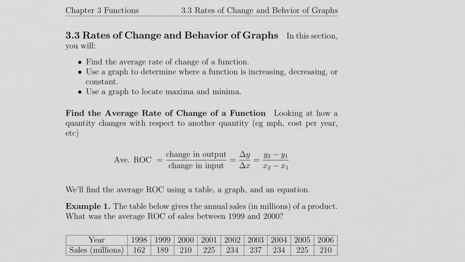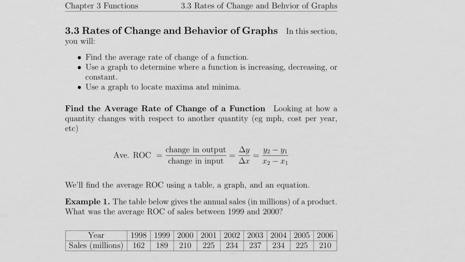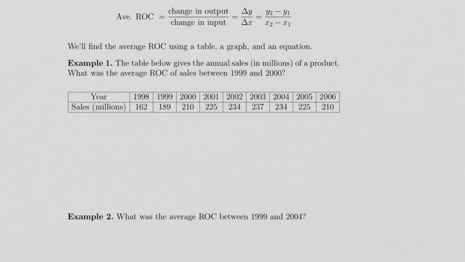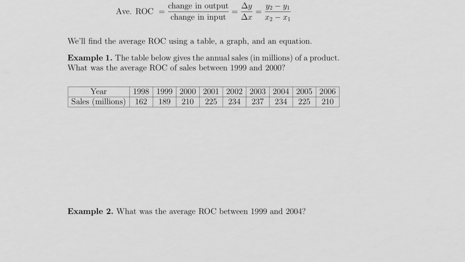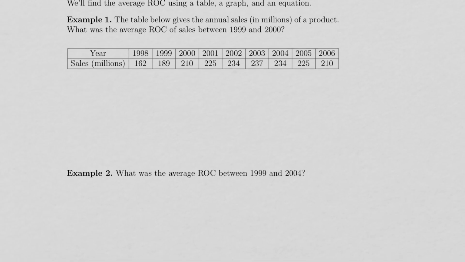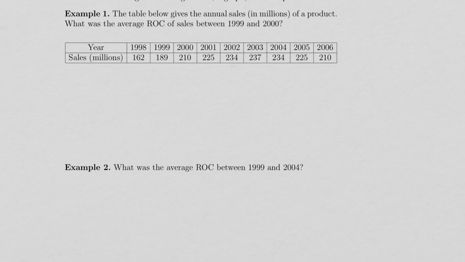All right, let's look at this first example here. This table gives the annual sales in millions of some product, and let's say we want to calculate the average change of sales between 1999 and 2000. The way I like to do this is to write down the ordered pairs for the two endpoints.